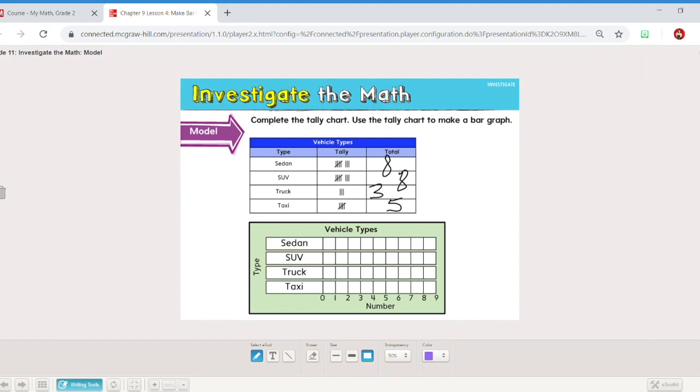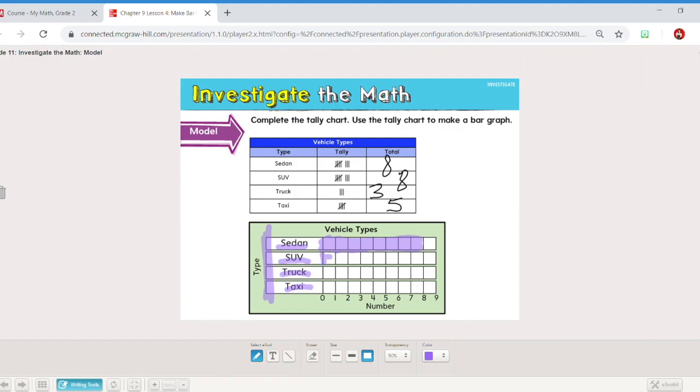The information is stacked, I would say, and this is called a vertical bar chart because the information is on a vertical axis. So a sedan has 8, so we're going to color in 8 squares. 1, 2, 3, 4, 5, 6, 7, 8. Sometimes I like to color it that way, makes it a little bit more efficient and neater.